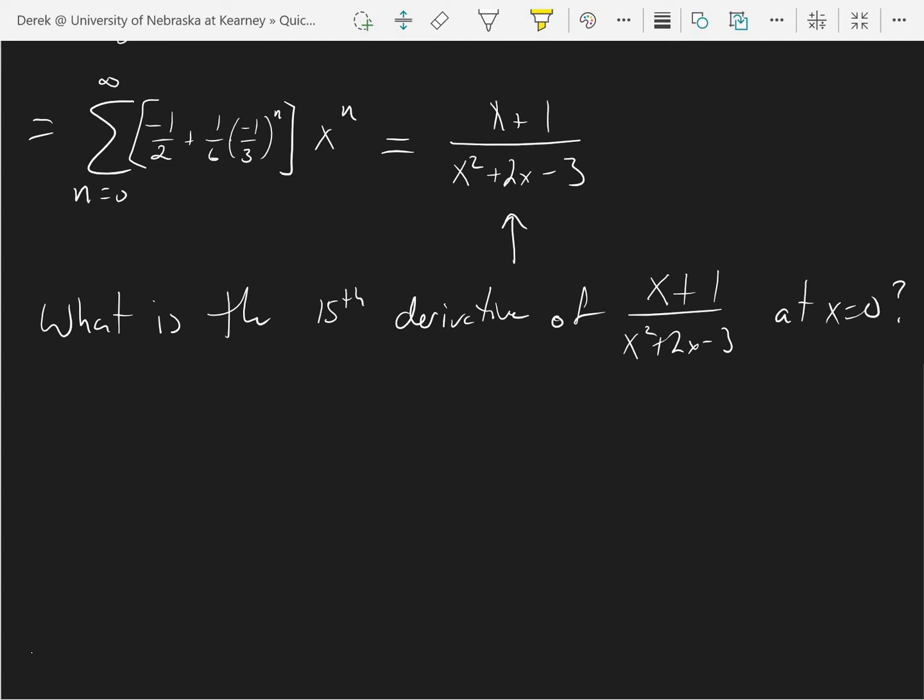So we're just going to use this Taylor series that we just came up with, and I know that the 15th coefficient is equal to the 15th derivative at 0 divided by 15 factorial.